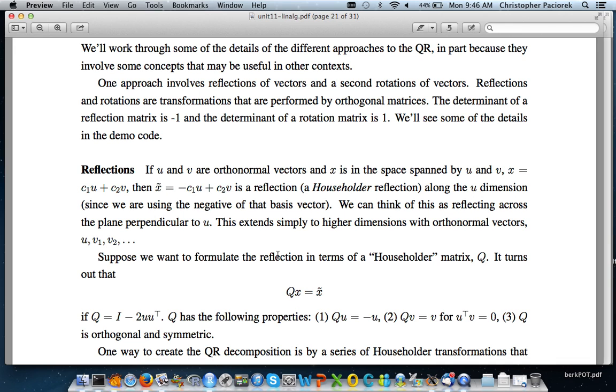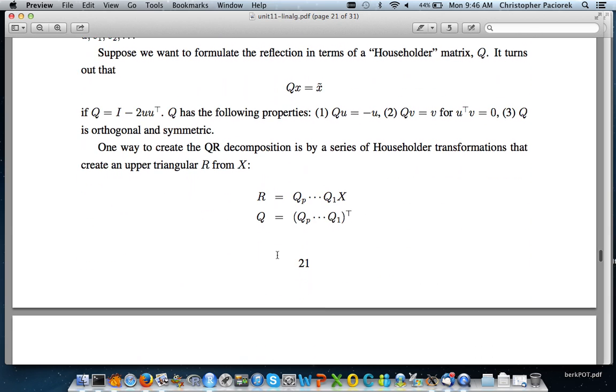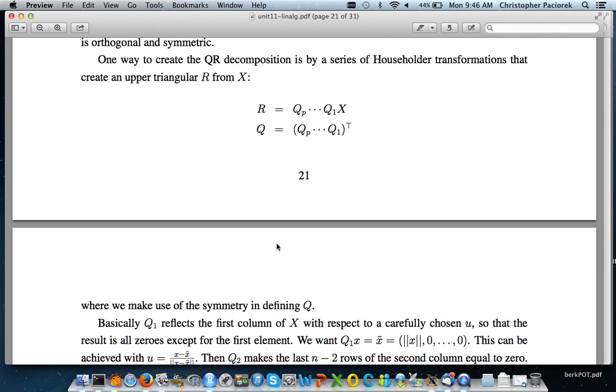So how is this useful in terms of thinking about the QR decomposition? Well, the idea is I want to start with my X matrix. Did I call it X here? Hopefully I did. Okay. I'm going to do some Q1 transformation that does a Householder reflection.